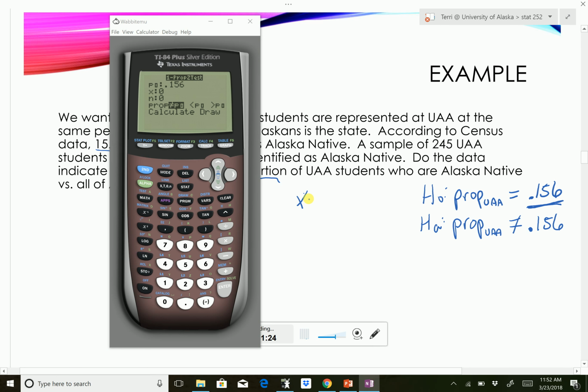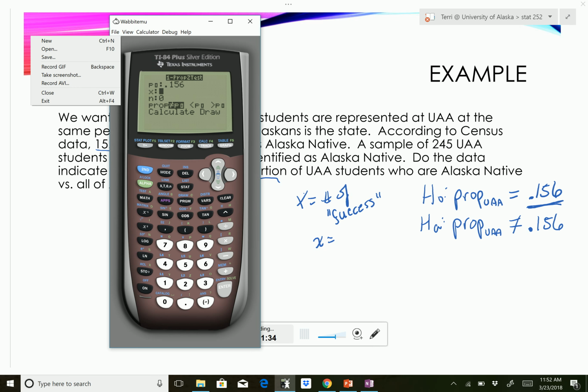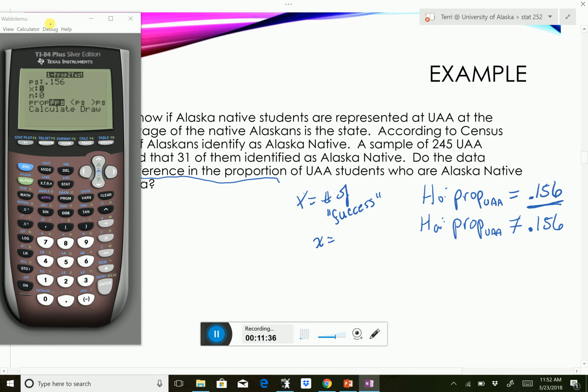How many Alaska Native students did I have? X equals 31. And then N, how many did I poll? 245. Notice it says prop here. Do I want a two-tailed test? Yes, I do. Enter and calculate.